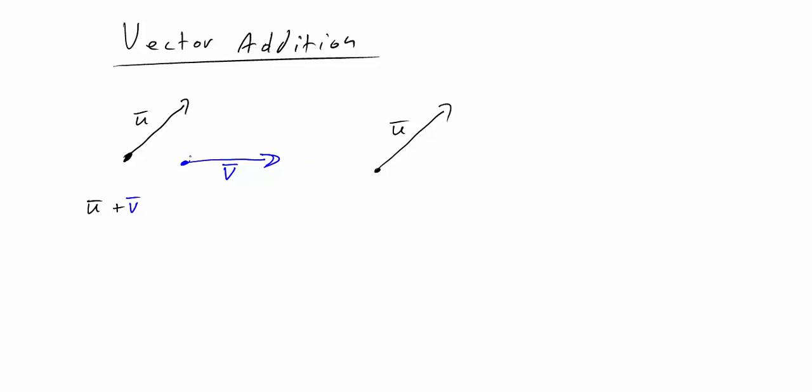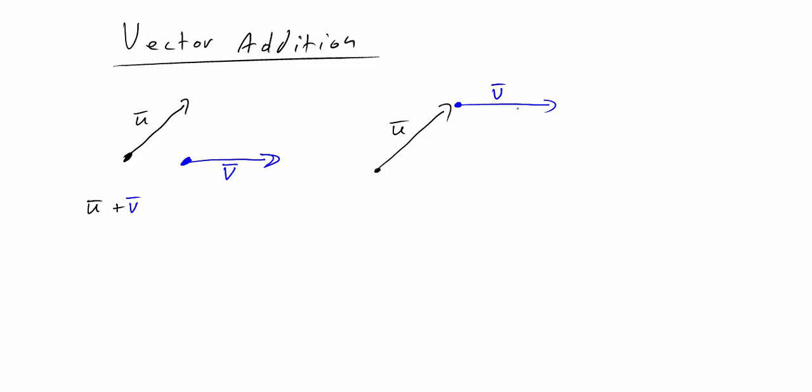We're not going to change the direction or the magnitude, but I'm going to move this initial point up to the terminal point of u, and we'll keep the same magnitude and direction. So there's v.